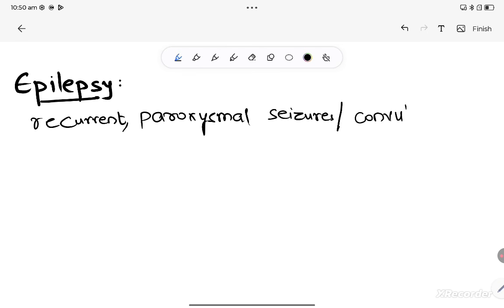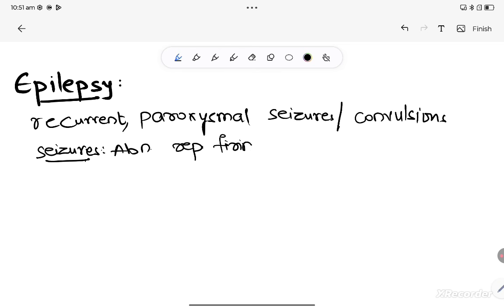So now we have two more new terms: seizures, which is basically abnormal repetitive firing of neurons and is mainly sensorial, whereas convulsions is majorly motor component.